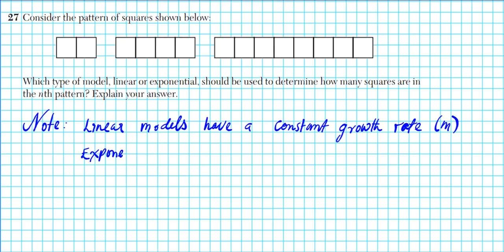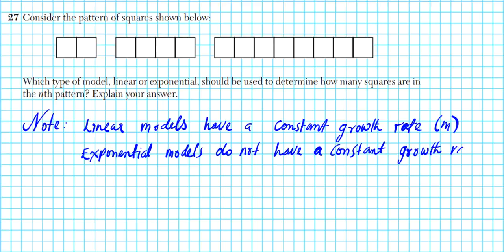Exponential models, on the other hand, exponential models do not have a constant growth rate. Now, this is something you want to keep in mind. If a function does not have a constant growth rate, it doesn't automatically mean that it is exponential.